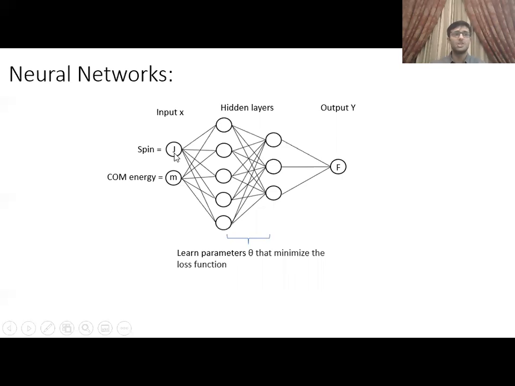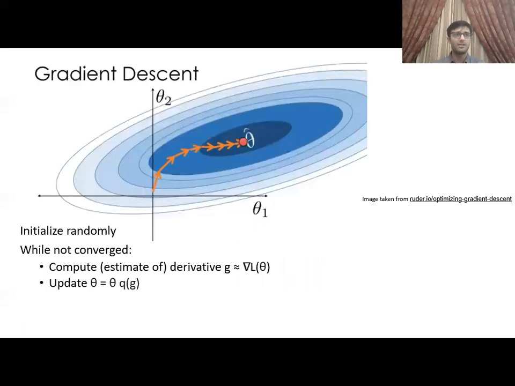Our input is J and M, the spin and the energy that we're using, and then our output is f. We use that output to make a loss function that minimizes those constraints, and then we hope that it will converge. There are many flavors to do this. One is gradient descent.